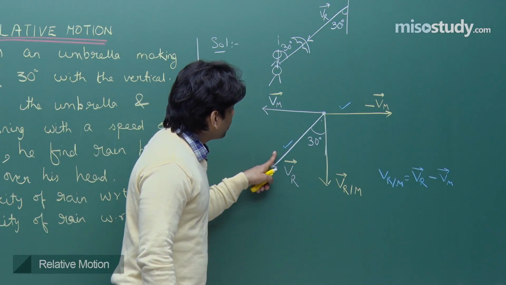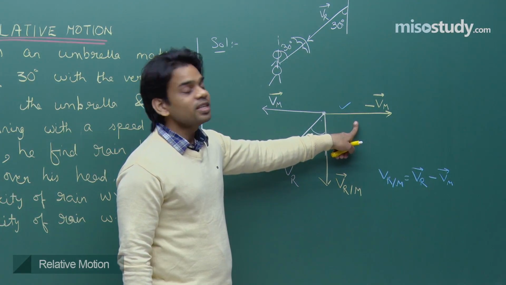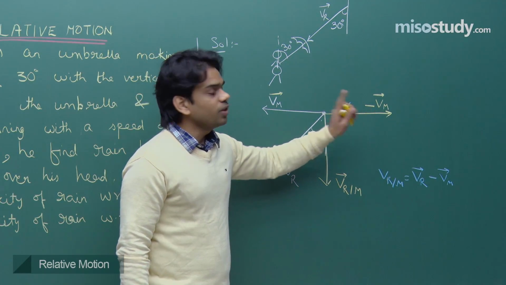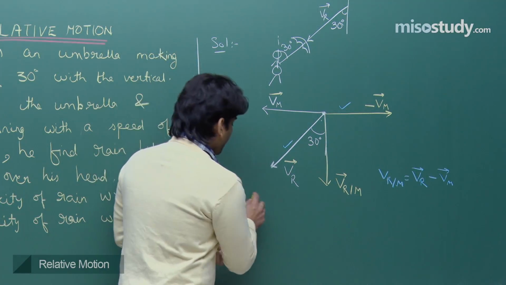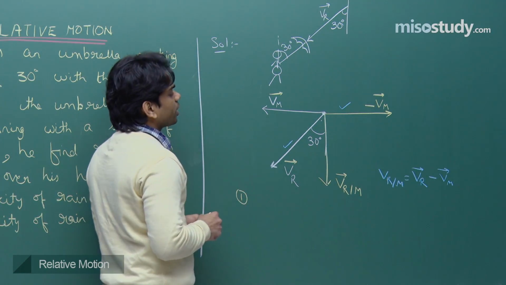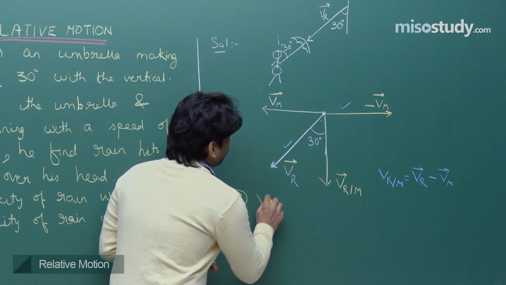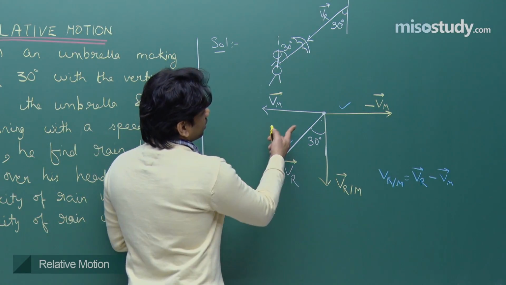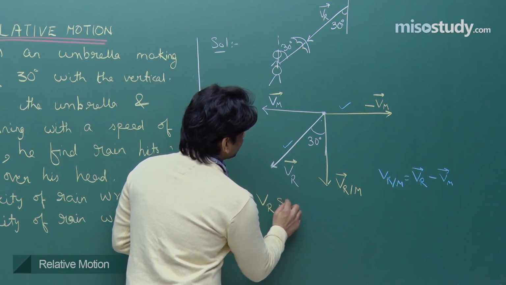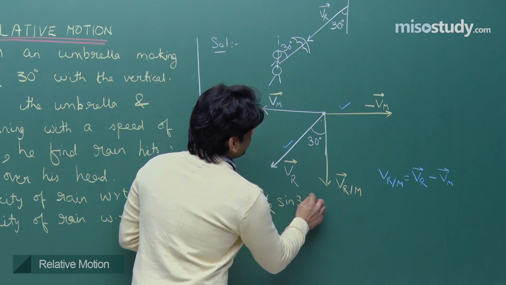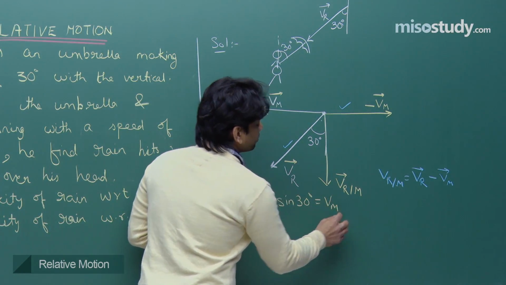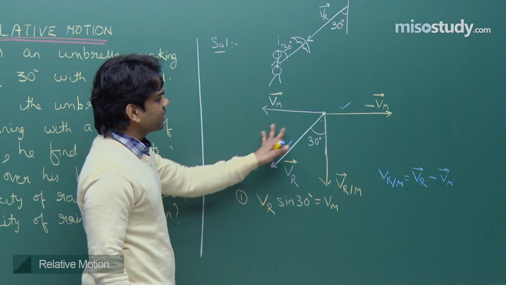The horizontal component of Vr will cancel out the horizontal component of Vm. So Vr sine 30 degrees will be equal to Vm. This has to be the requirement as we can see in the figure.